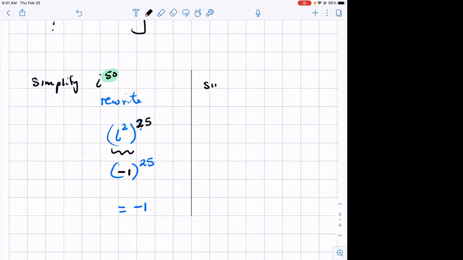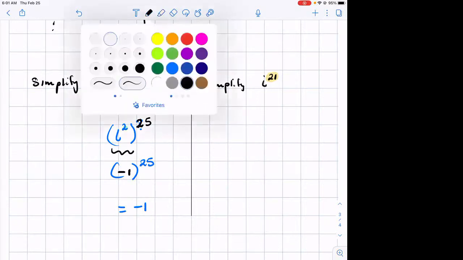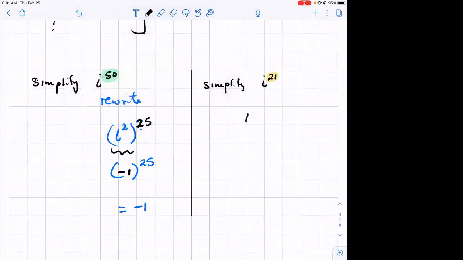If I ask you to simplify, let's say, i to the 21st power, notice in this example my power is an odd number. So when it's an odd number, you have some simplification to do. You will have to break it up as i to the 20th power times i, because that is the same as i to the 21st power.